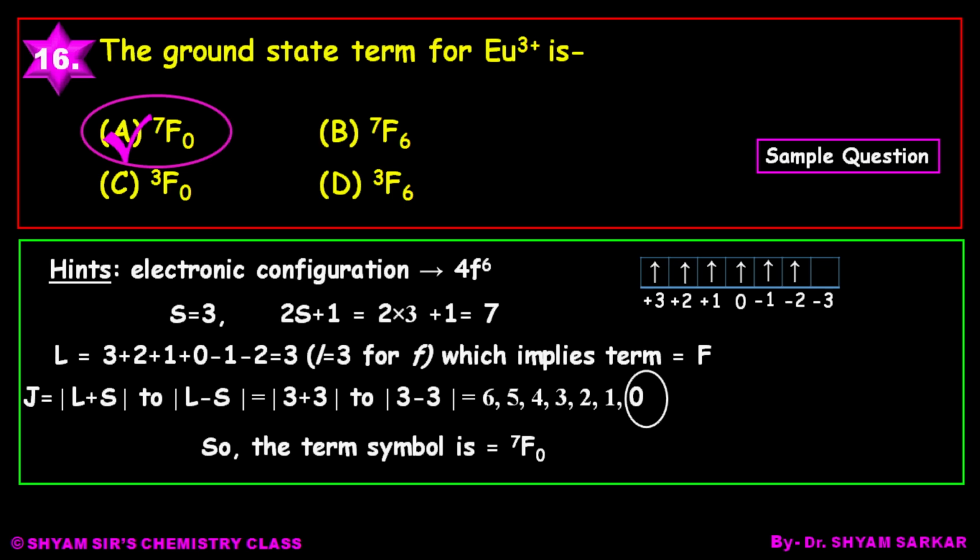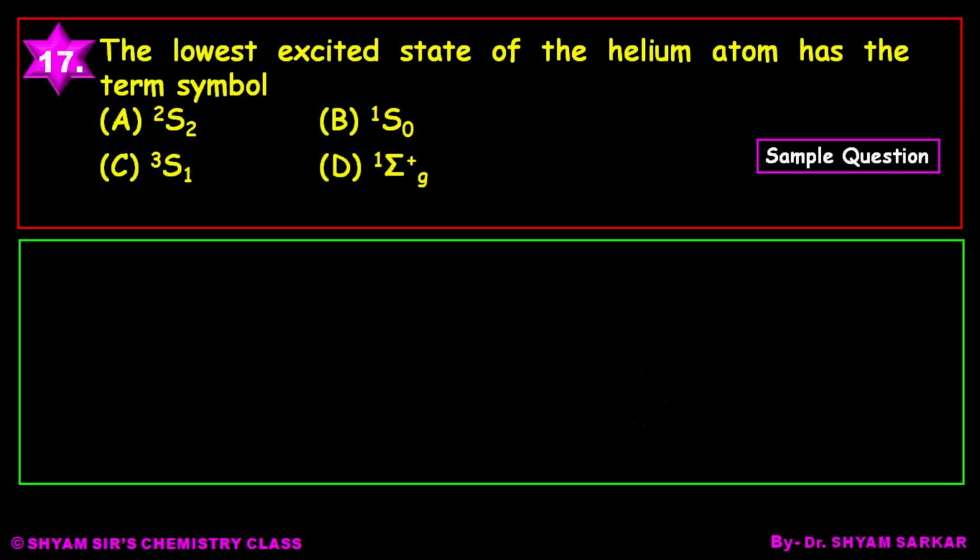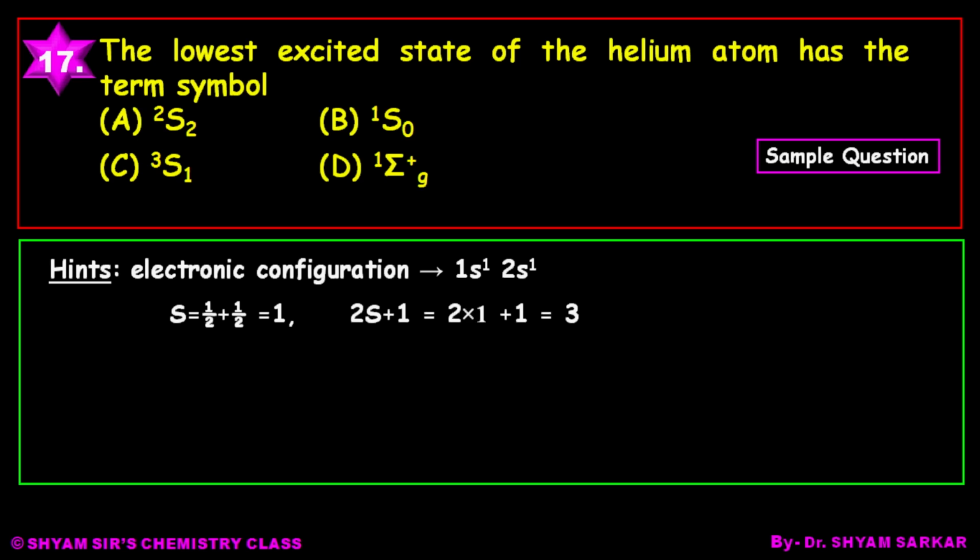Okay. Now see, the lowest excited state of the helium atom has a term symbol. Let us see which one is the right answer here. For helium, first lowest excited state, excited state means electronic configuration is 1s1 2s1. Now S equal to half plus half equal to 1, and total spin multiplicity 2S+1 equal to 3.